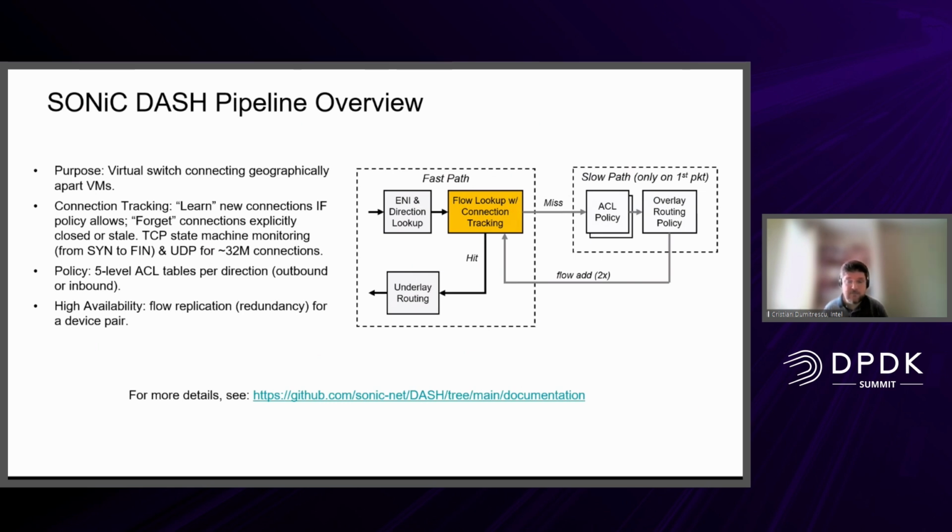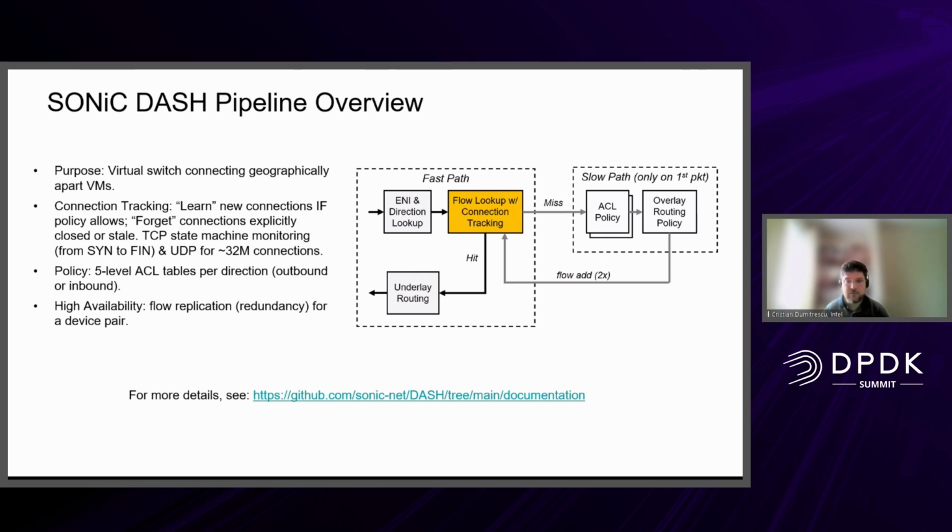Now, every time, looking for TCP, what happens is usually a packet comes in, and this packet could come from a local VM or from a remote VM. We are the switch, right? Or we are the smart NIC here. And then based on the MAC address, whether we know that or we don't know that, the MAC address is associated with a VM, we can decide whether this is an outbound direction or inbound. Is it coming from a local VM or from a remote VM? And that's the traffic direction that we decide. We find out very quickly here at the beginning of the pipeline.